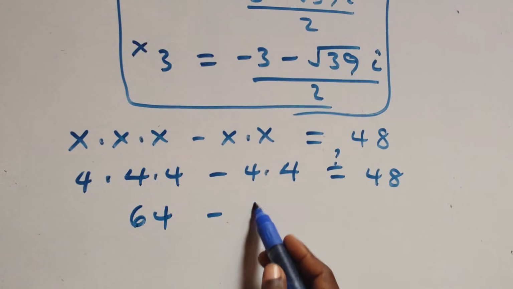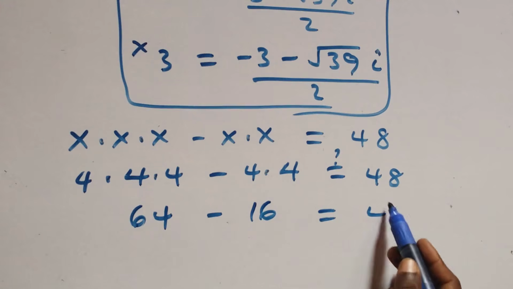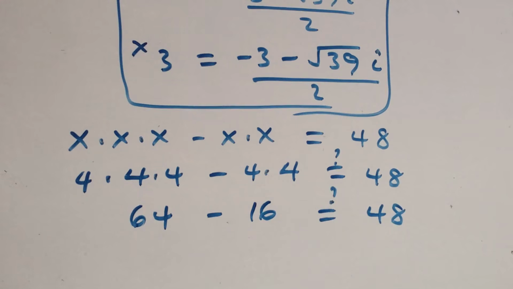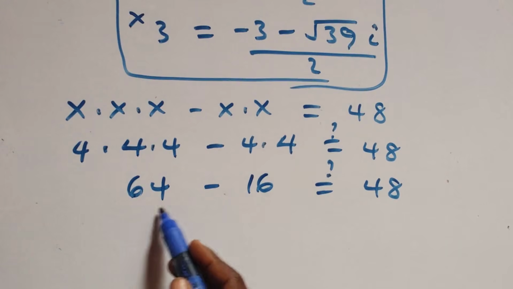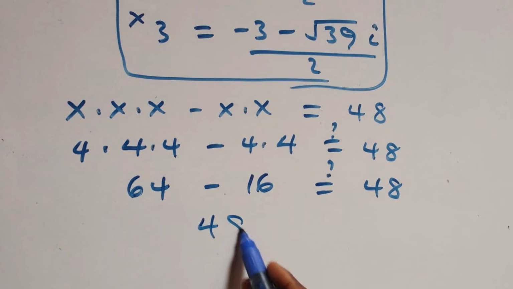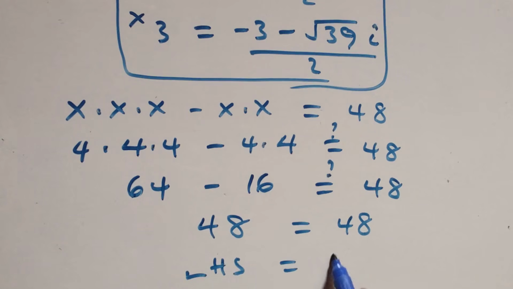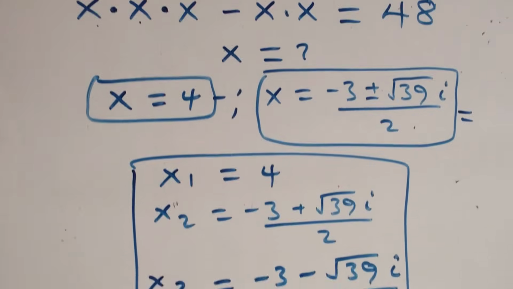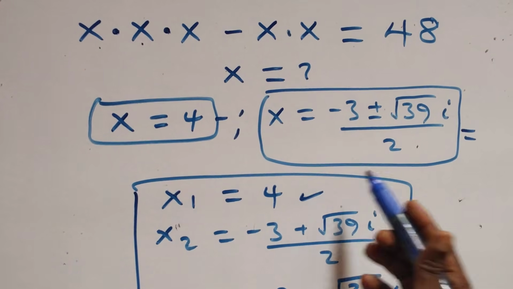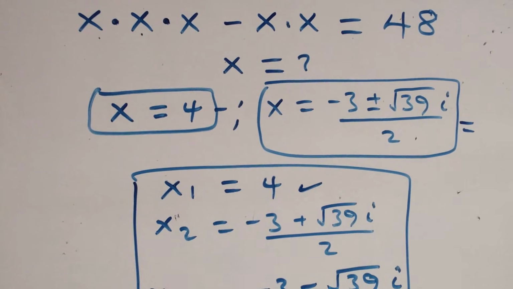Minus 4 times 4, 16. Is it equals to 48 on this side? When we subtract here, 64 minus 16, we have 48, which is equals to 48 here. Left hand side equals to the right hand side. That is here, x equals to 4 satisfies this given problem. When we check also for these two complex solutions, this also will satisfy.